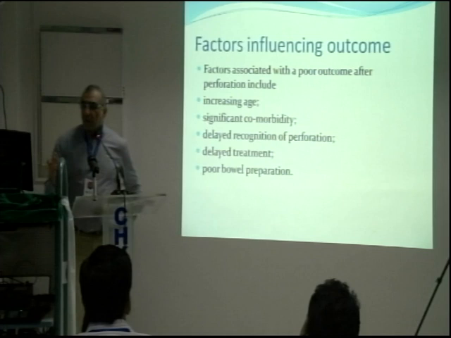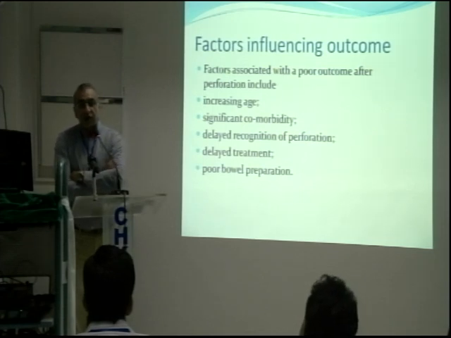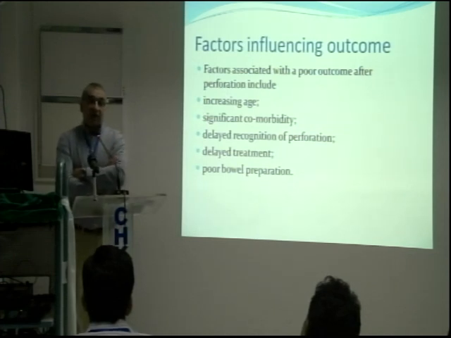Right. Factors associated with poor outcome. When you have a perforation, what are the factors which determine a poor prognosis? One, like in anything else, is increasing age. The older you are, the worse is your ability to cope with any type of insult to the body, whether it's a perforation, infection or whatever.